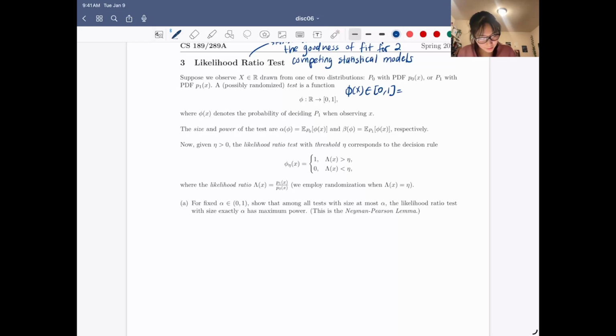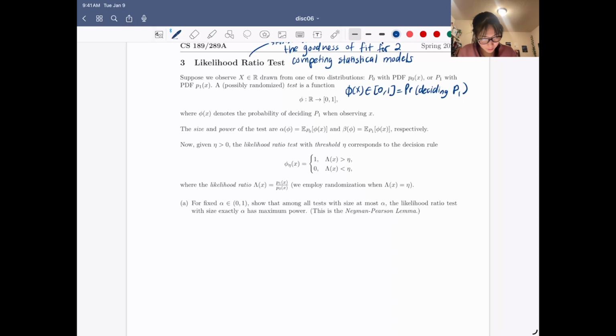And this phi of x is equal to the probability of deciding P1 when observing x. So let me write that down. It's the probability of deciding P1 when observing x. In other words, we're saying that we believe that x came from the P1 PDF, the P1 probability distribution, and not the P0 probability distribution.